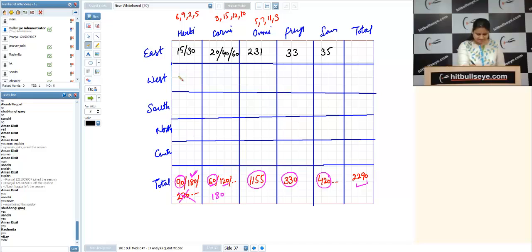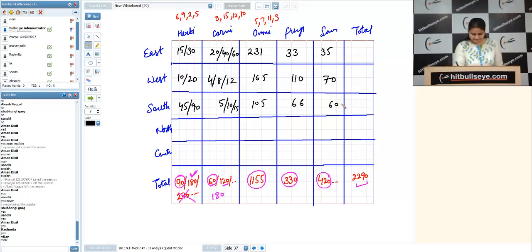Now west wing, this can be 10, 20, calculating values only. 4, 8, 12. Now coming to this, 165, this is 110, this is 70. South wing now, it is 45 or 90. This will be 5, 10, 15. It can be 105, 66 and 60.